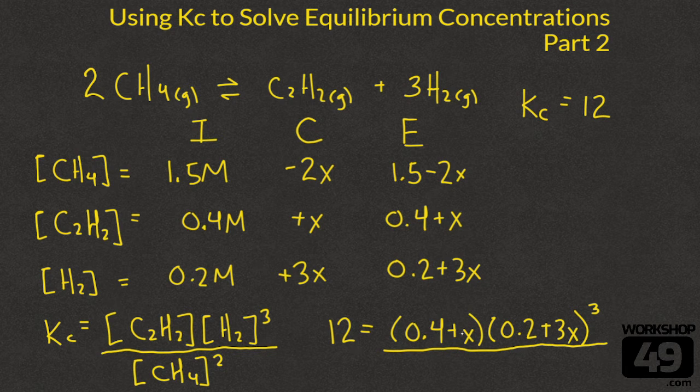I'm so excited, I love it. And the methane, CH4, is going to be 1.5 minus 2x squared. And you say, why did you do this to us? This isn't a quadratic. How are we supposed to solve this?